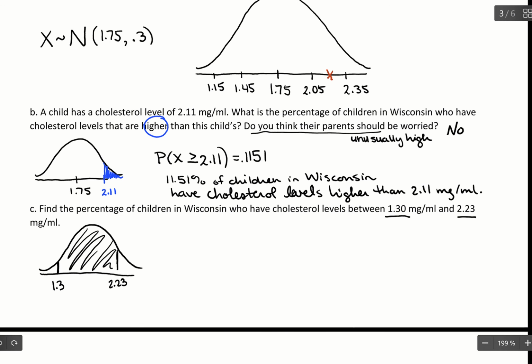So we should be getting a fairly big probability out. So in GeoGebra, we're going to look at probability between 1.3 and 2.23, using our mean of 1.75, standard deviation 0.3.